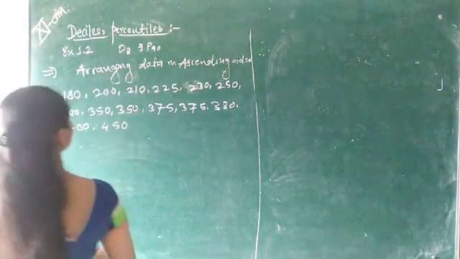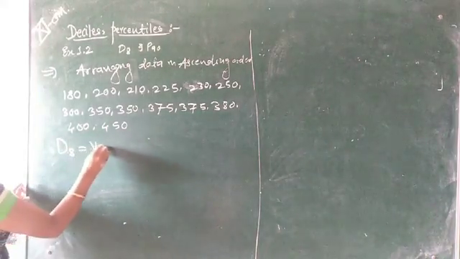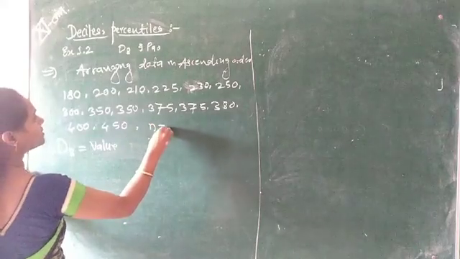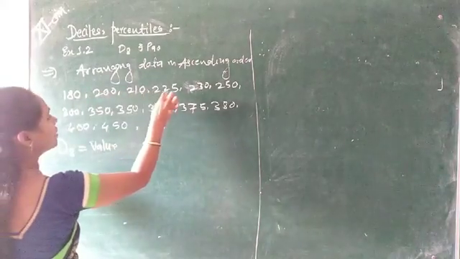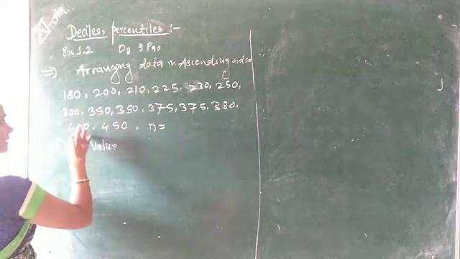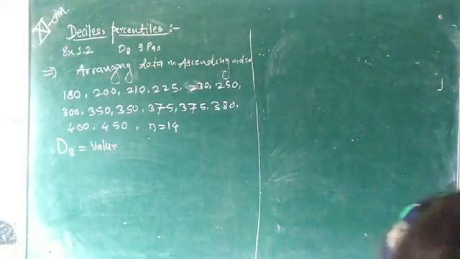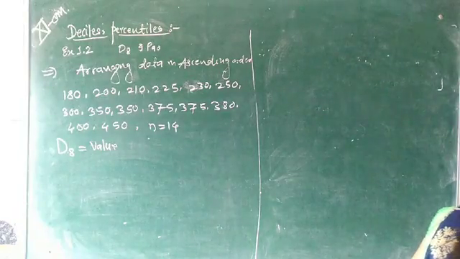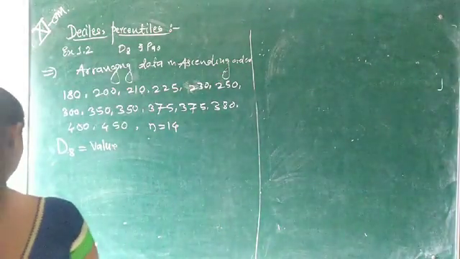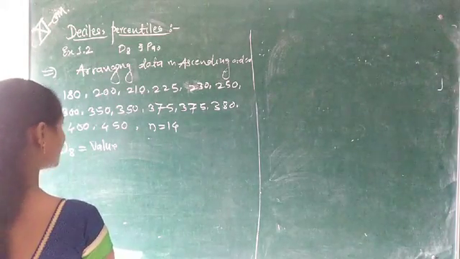Now see, first D8. Total number of observations: 1, 2, 3, 4, 5, 6, 7, 8, 9, 10, 11, 12, 13, 14. N is equal to 14, sorry, 15 here. 180, 200, 210, 225, 230, 250.